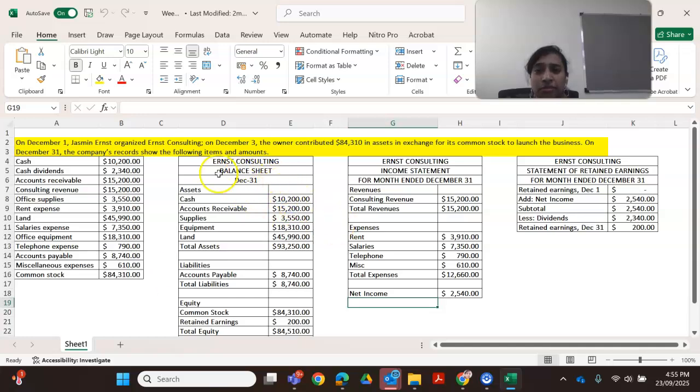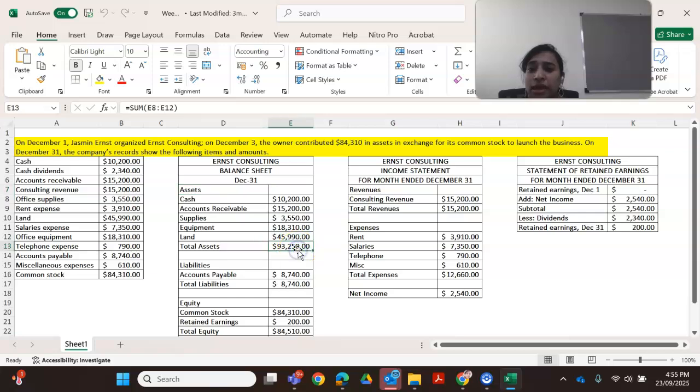First of all, I made a balance sheet for the Ernest Consulting for December 31st. For the assets, I have taken cash, accounts receivable, supplies, equipment, and land. The money is already given, which is $10,200 for cash and accounts receivable is 15,200 and so on.